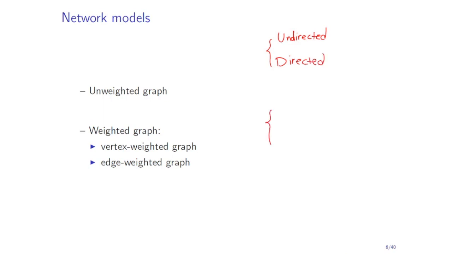The other is unweighted graphs versus weighted graphs. And when we talk about weighted graphs, it is either vertex-weighted or edge-weighted or both. These are just some terminology.